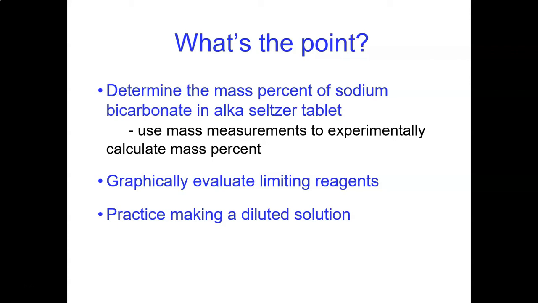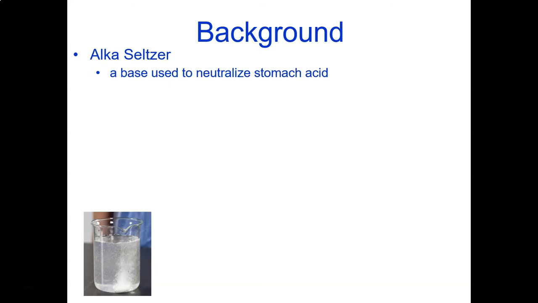Specifically, we will use mass measurements to experimentally calculate the mass percent, graphically evaluate the limiting reactions, and practice making a diluted solution. Alka Seltzer is a base used to neutralize stomach acid, and the main component of the tablet is sodium bicarbonate.